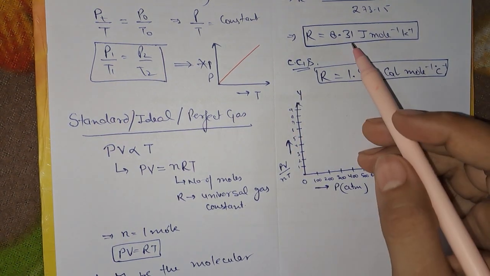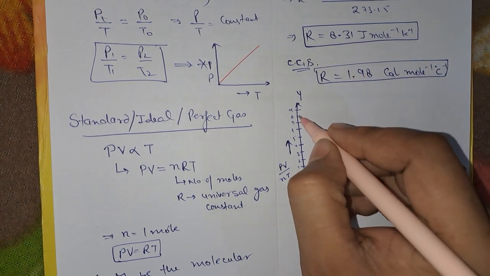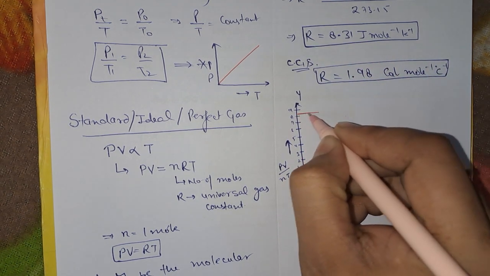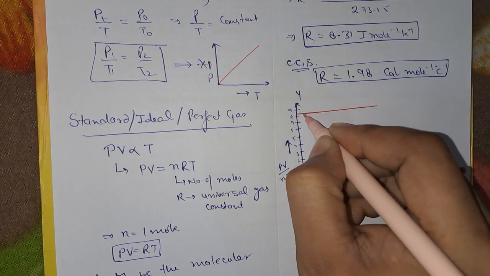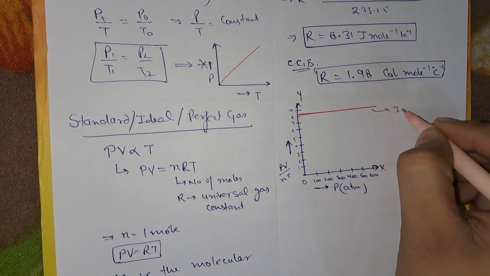As per the given values, R is nearly equal to 8.31, and since it is a constant, it is not changing. So this is for ideal gas.